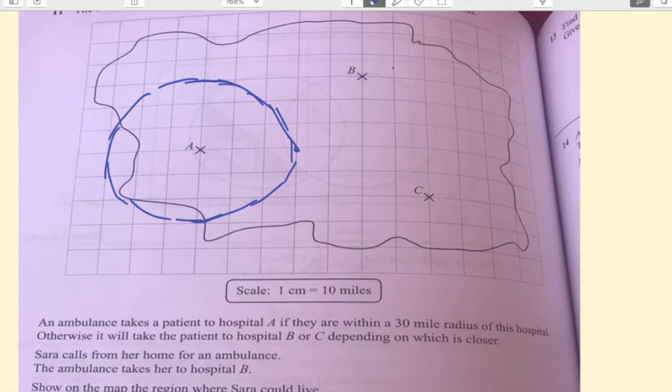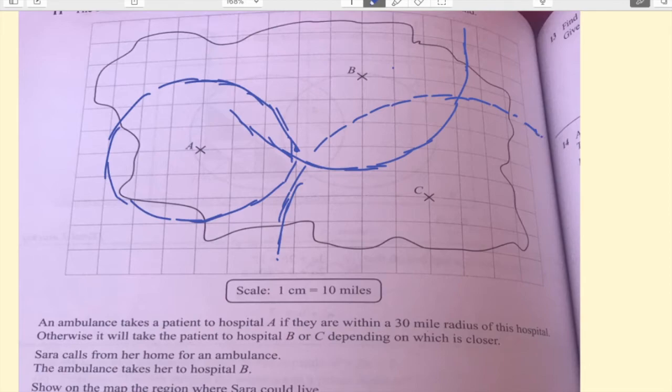So let's say you drew a circle with a radius of this size, and you need to draw about half a circle, and then center the compass on C, keeping the distance the same. So the radius will need to be the same as the one around B. So then you center it on C and draw your circle again with the same radius.